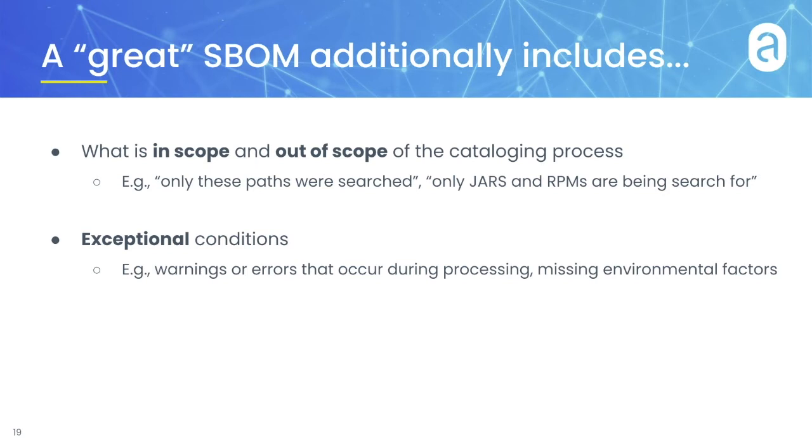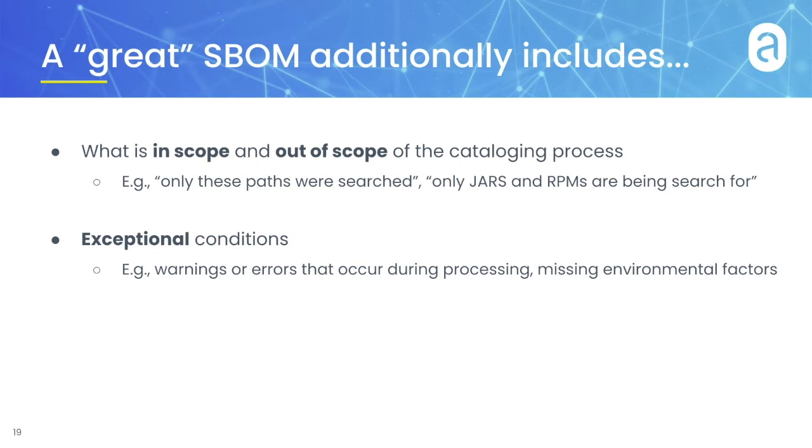Or do you want to continue forth and at least create an SBOM? But you don't want to create an SBOM that looks like it has cataloged everything when there may have been something it has missed. So in the SBOM itself, you should be noting these exceptional conditions, like, hey, I couldn't read this file, so there may be other packages that were missed.